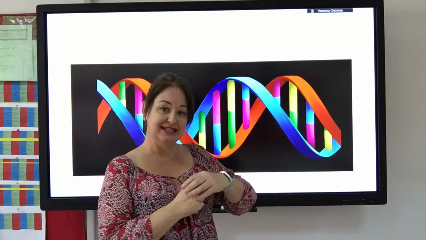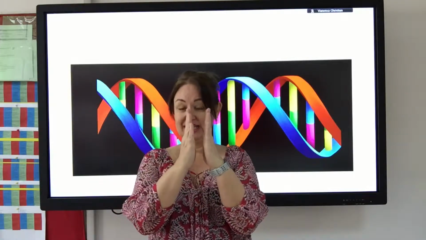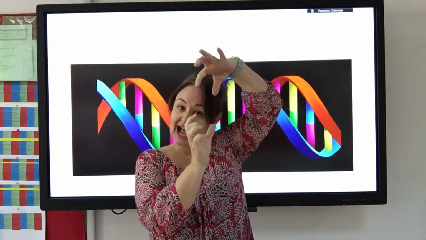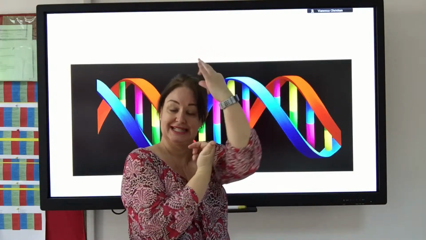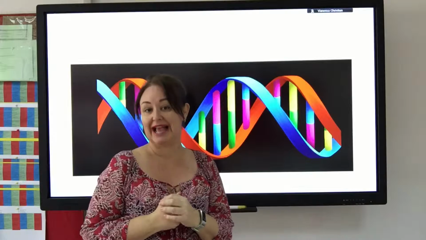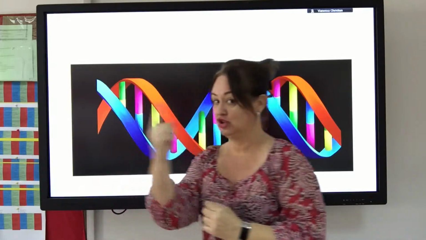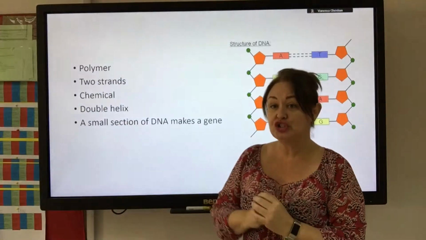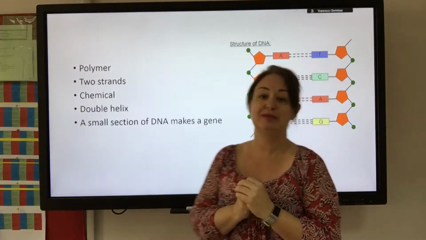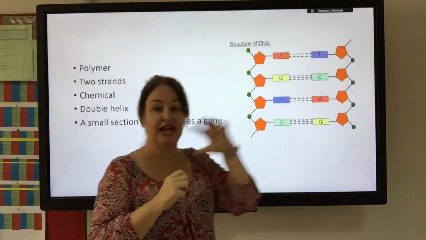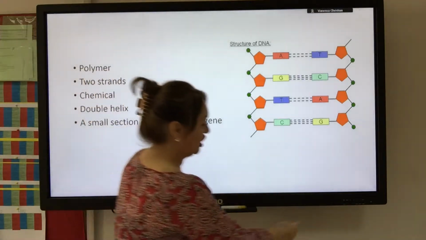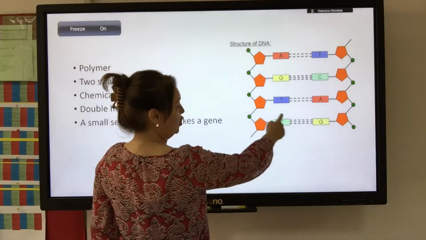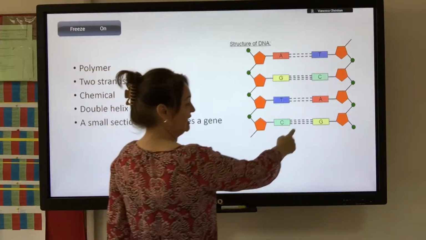And it appears in two strands. Each chromosome is made of two strands of DNA, and they are twisted together into a shape called a helix. It goes round and round and round. It's also a polymer. What do we mean by that? A long chain of repeating units. So if I just show you here, this is one unit of DNA.